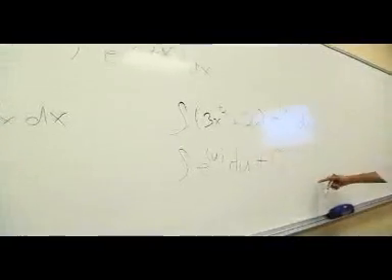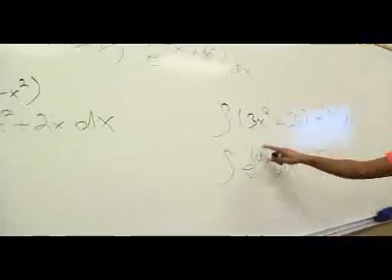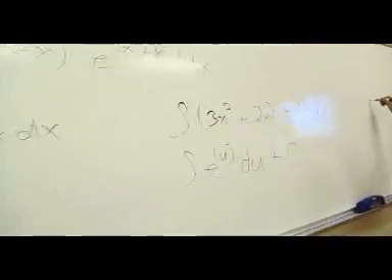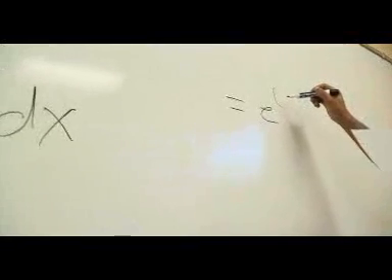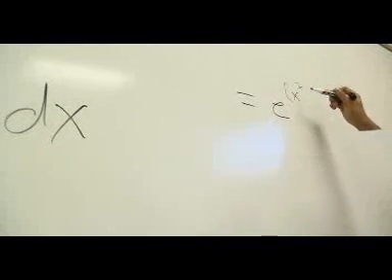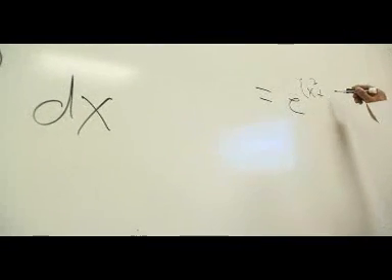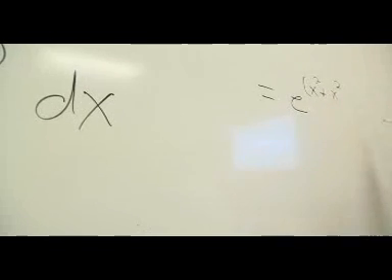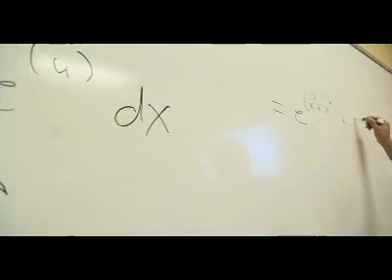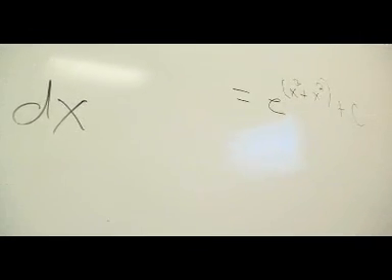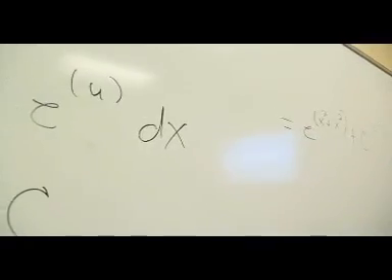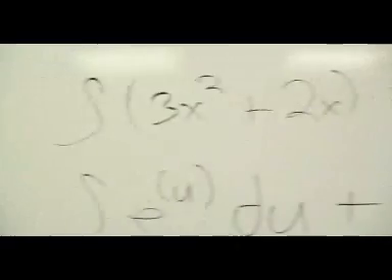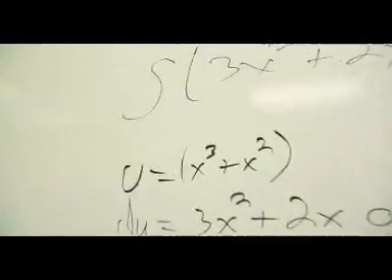Now we plug our u back in, so this will equal e to the (x cubed plus x squared) plus c. And this is one example of how you use u substitution to get an easier function from your first function.